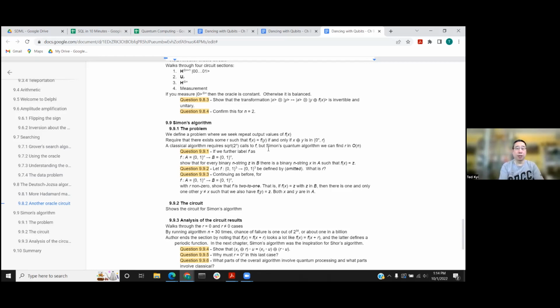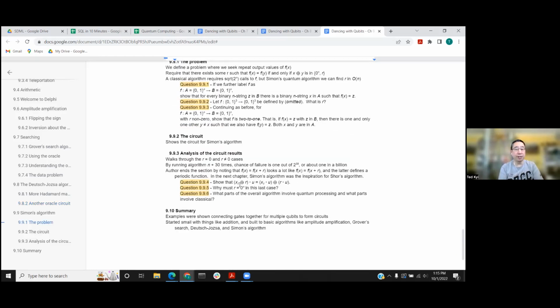But with Simon's quantum algorithm, we can find the value of r in order n time, in linear time. So we see the circuit in subsection 2. And then again, there's a bunch of analysis in subsection 3 where it walks through the case where R is 0, and the case where R is not 0.